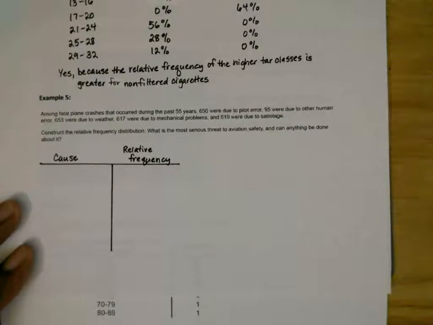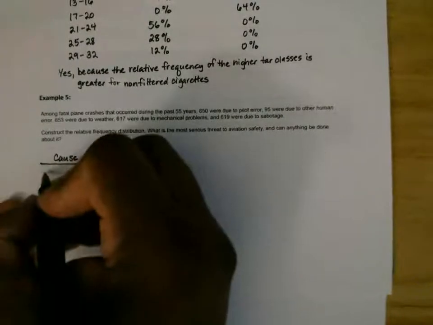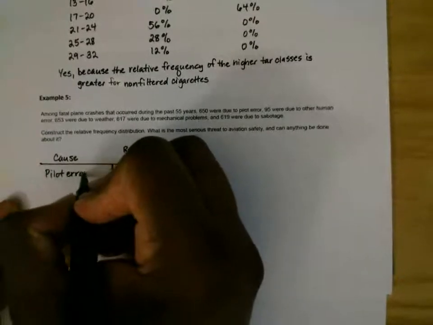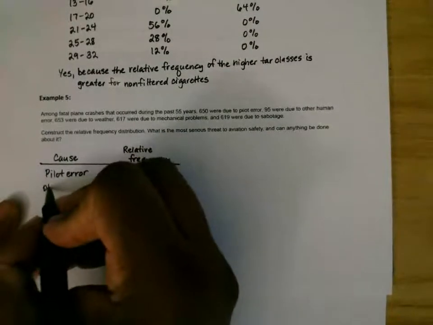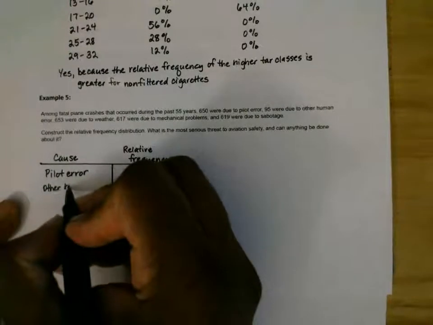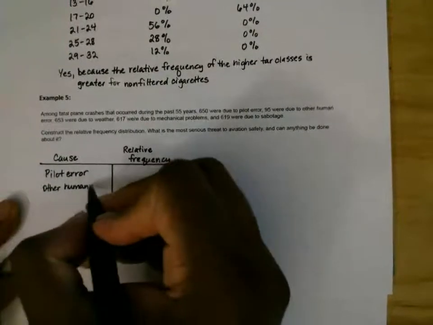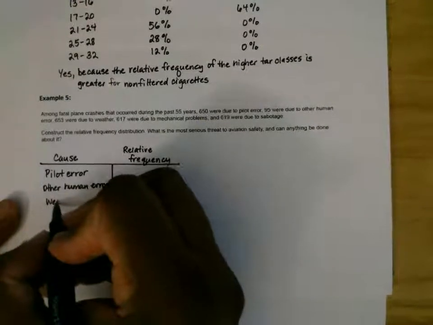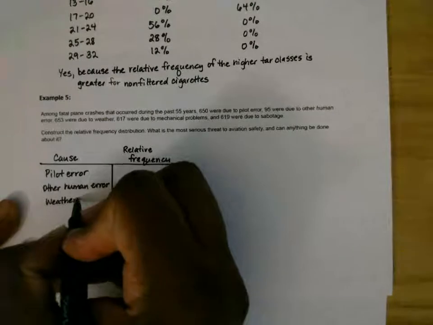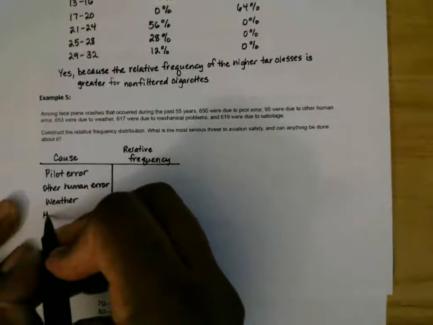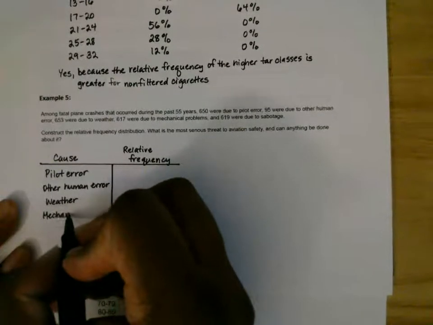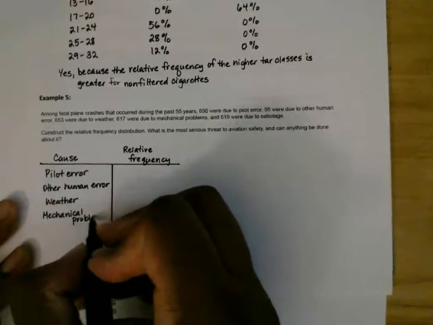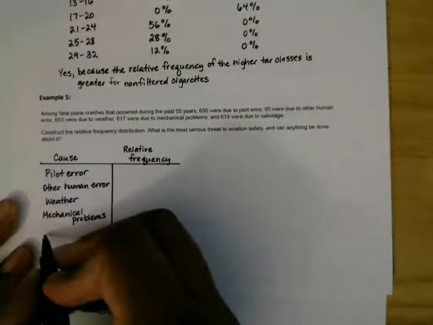Pilot error is the first, and then other human error is next, and then weather, and then mechanical problems, and finally sabotage.